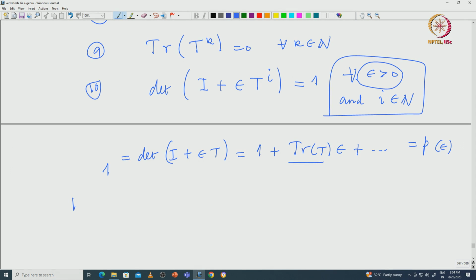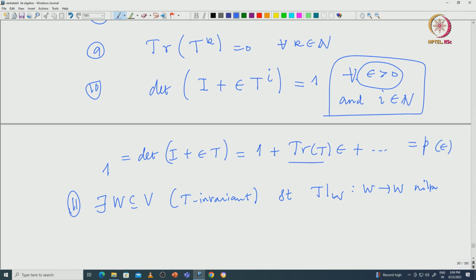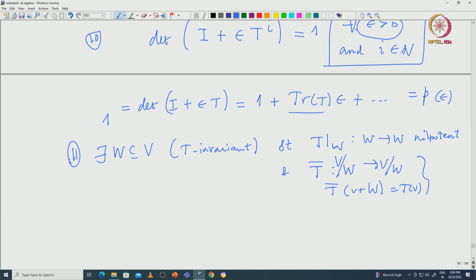But there are other conditions that also make T nilpotent. For example, if you have W which is a T-invariant subspace such that T restricted to W is nilpotent, and T bar, defined from V modulo W to V modulo W, where T bar of v plus W is mapped to Tv, is nilpotent, then that implies T is nilpotent.